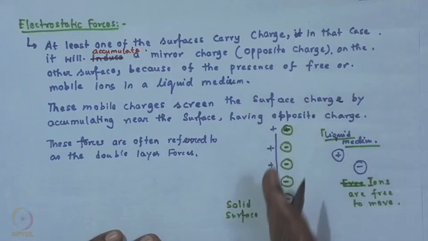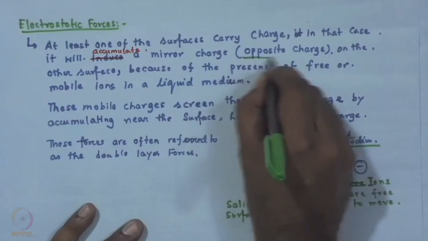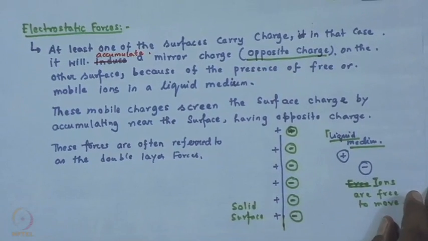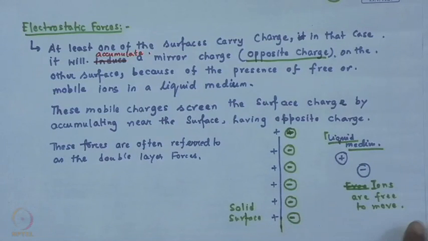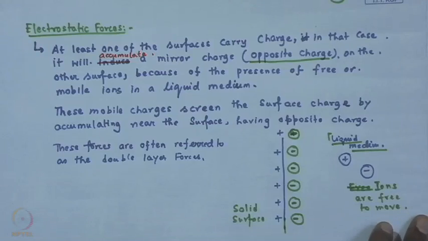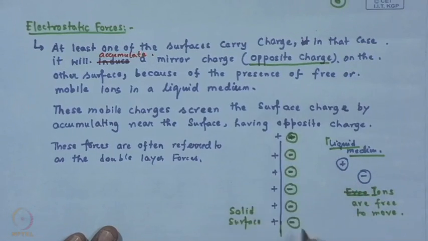A layer of ions will form in close proximity with the surface, which has the opposite charge. So, what is the source of these negatively charged ions? The source is that there are free or mobile ions available in a liquid medium. Once they accumulate, they screen the surface charge by accumulating near the surface.